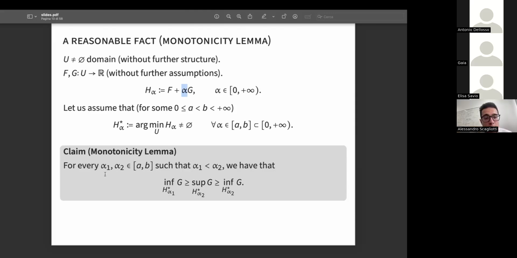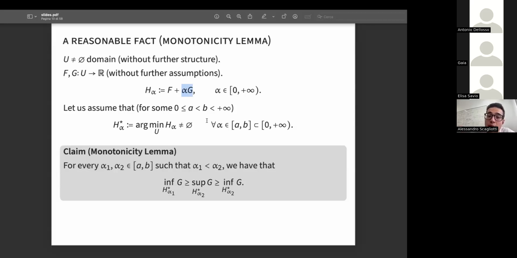Let me be more precise. Let's choose alpha 1 and alpha 2 in this interval where we know that the minimization problem has a solution, and let's assume that alpha 1 is smaller than alpha 2. What does it mean? If alpha 1 is smaller than alpha 2, then we are giving less importance to G in this trade-off.